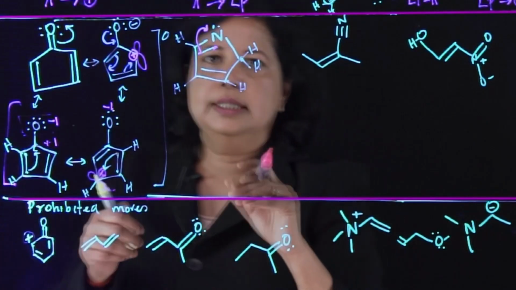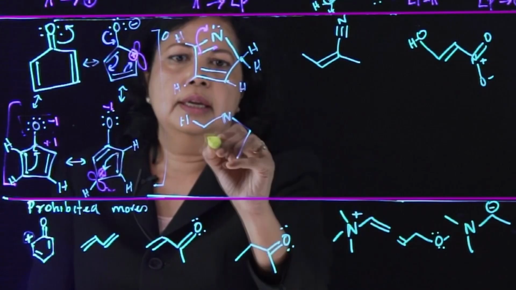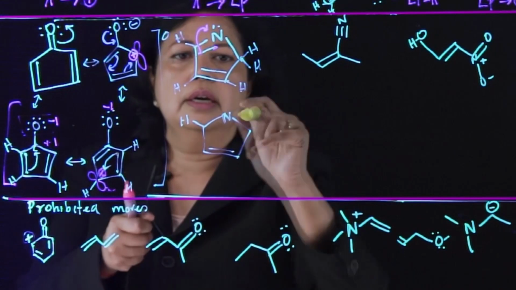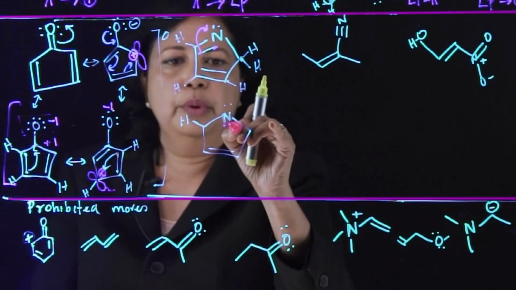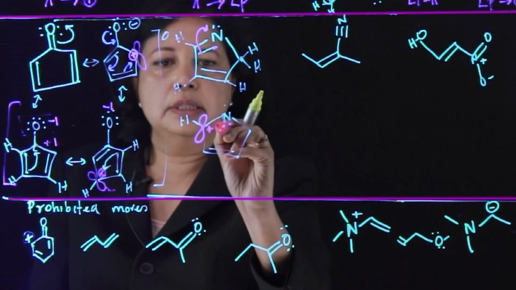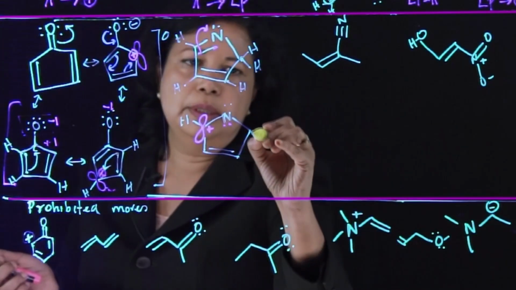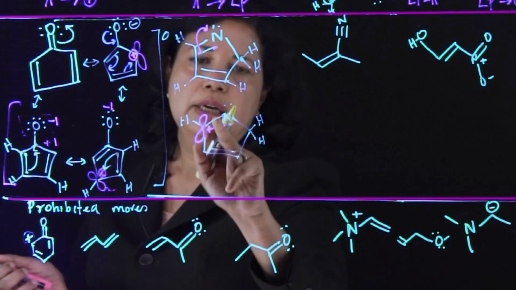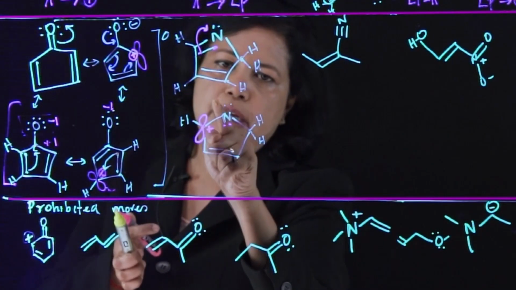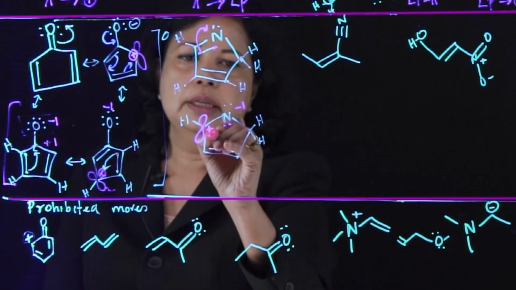Now nitrogen, let's see what happens over there. So you have a hydrogen, nitrogen, and then you have over here this electron on nitrogen. So you have 2 electrons, now you have 4 electrons on nitrogen. Is that okay? And you have nothing on the carbon. It's positive. Nitrogen's more electronegative than carbon. So between carbon and nitrogen, nitrogen is in a better place to accept an electron. So nitrogen should have 5. It's got 6 in the box. So therefore, it's a -1, and then this is a +1.